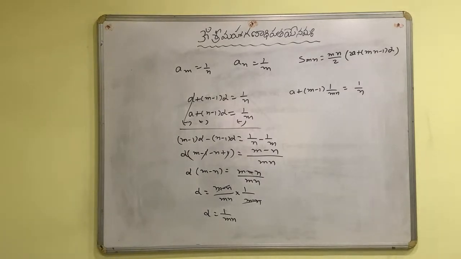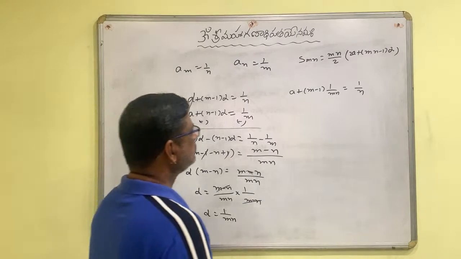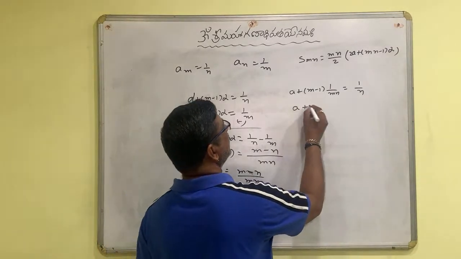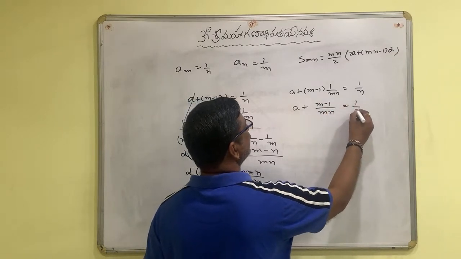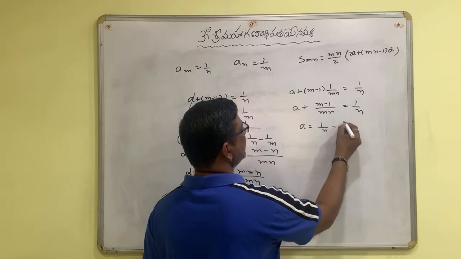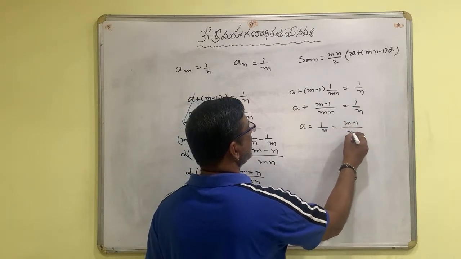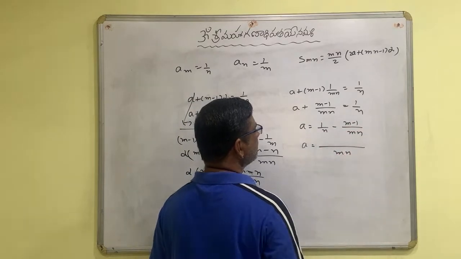Find out a. A is also 1 by mn. Sure. This one you can write as a plus m minus 1 by mn is 1 by n. Then a is equal to 1 by n minus m minus 1 by mn. LCM mn.